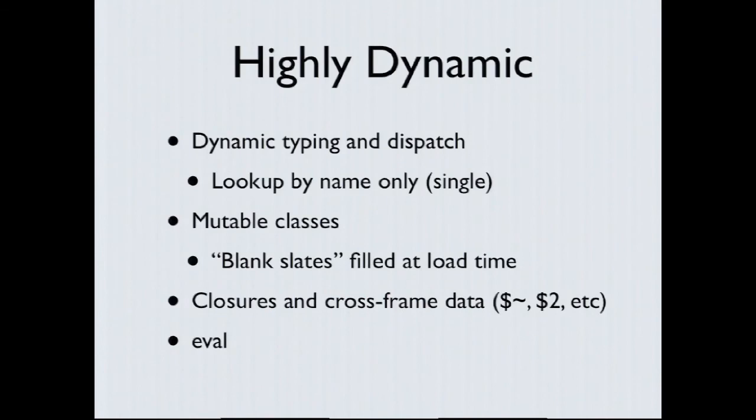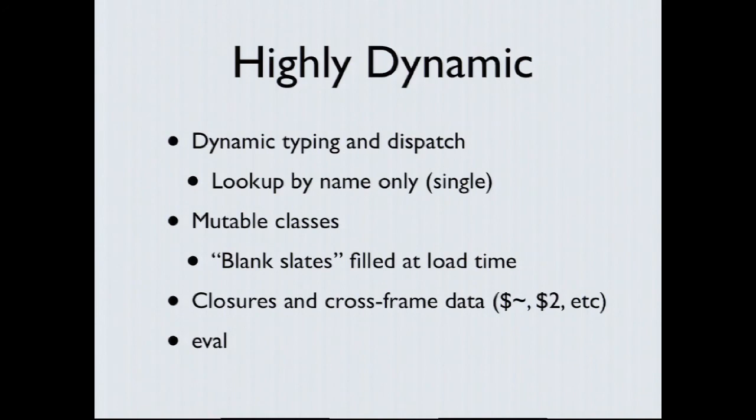Okay, so moving on from the POSIX stuff, Ruby is also an extremely dynamic language. It's dynamically typed, of course, and dynamic dispatch all the time, so that can be complicated, but it's not as bad as some languages. All we ever do is look up by name, as opposed to, for example, Groovy that may have to look up by name and the incoming types of the parameters. Ours is always name-based lookup, makes things a lot simpler. Unfortunately, these classes are also mutable.